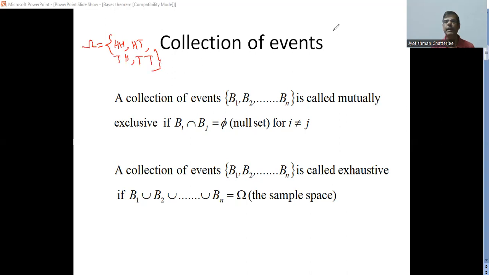The experiment is to toss a fair coin twice. Now consider your B1 and B2.